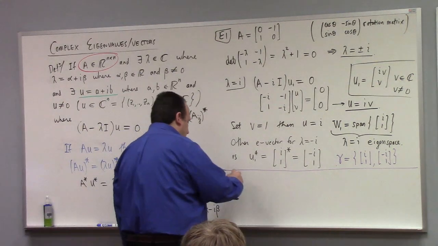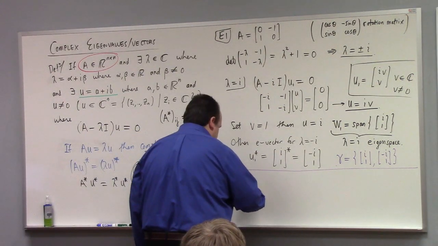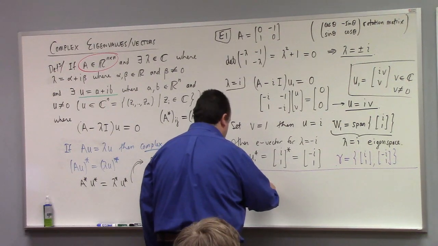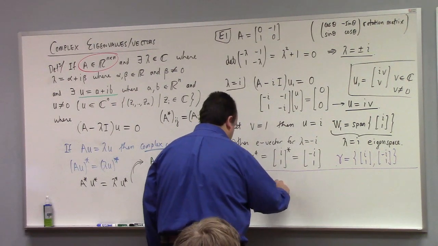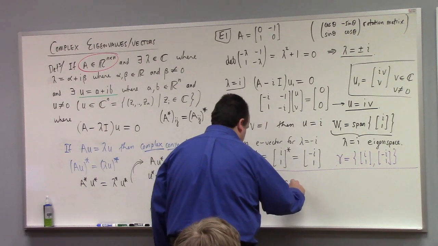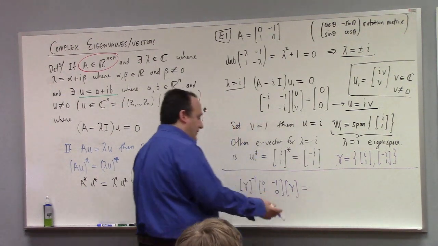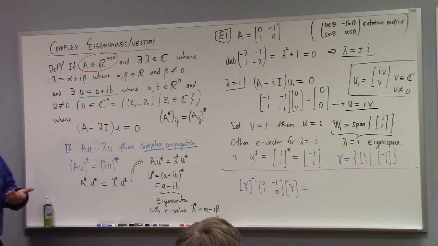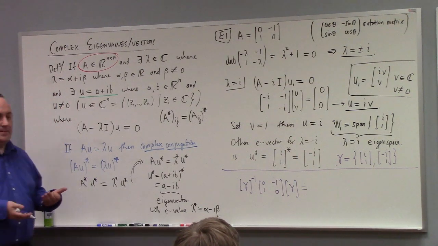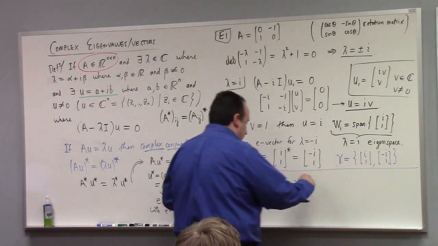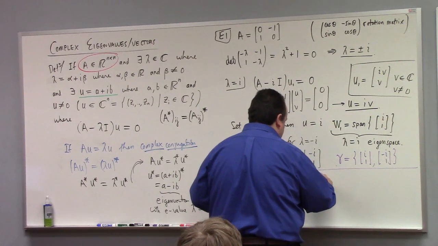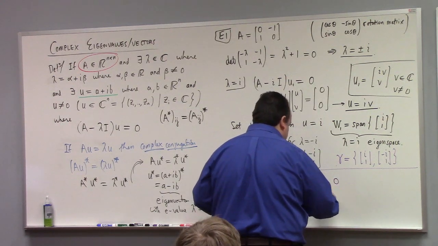And so if you calculate the inverse of that matrix times A times the matrix gamma again, then by the same arguments that we went through in the real case, that will diagonalize the matrix. In particular, it will diagonalize the matrix into a complex form. It's going to give you i, 0, 0, minus i.